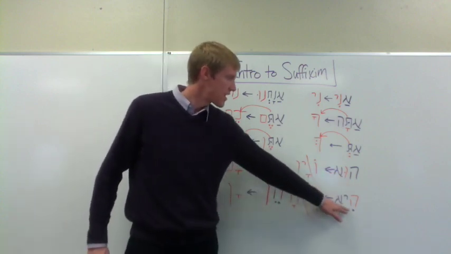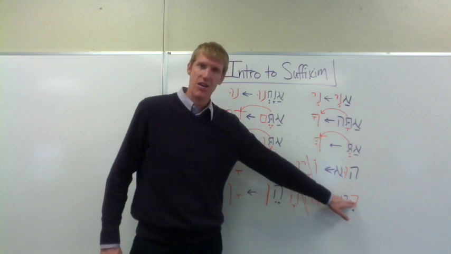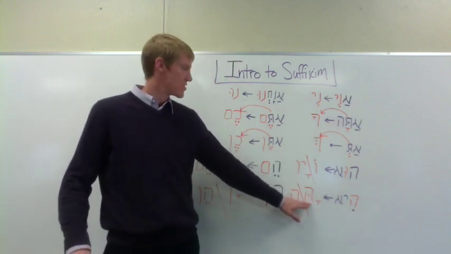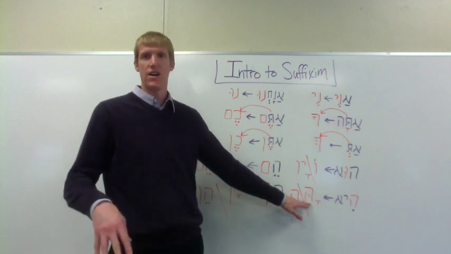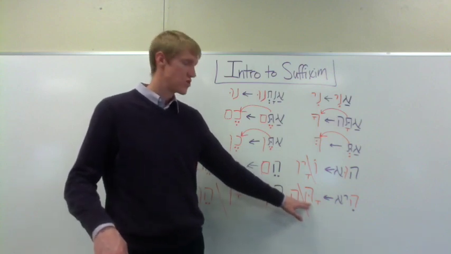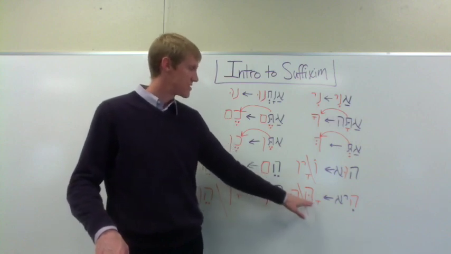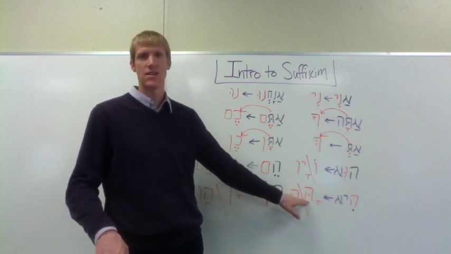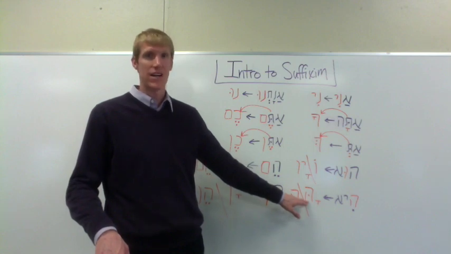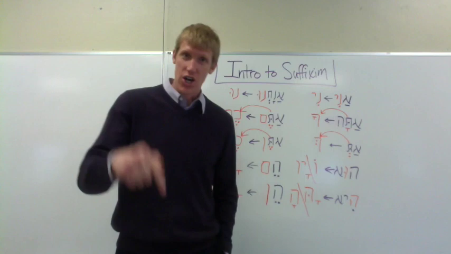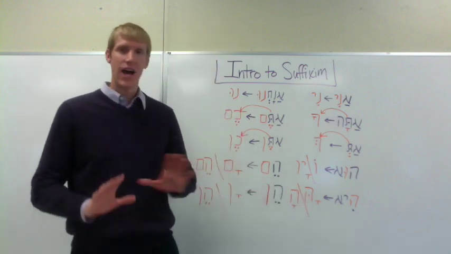And finally, he, you see the hey of he corresponds to the hey of the suffix. So when it's attached to a singular noun or to an inseparable preposition, you have the kamatz hey ending, and this hey has what's called a mapik. It's not a dagesh. You'll recall from week 1, guttural letters like the hey cannot take a dagesh.